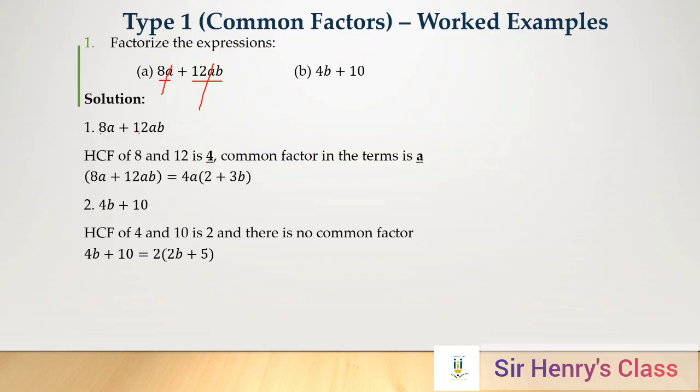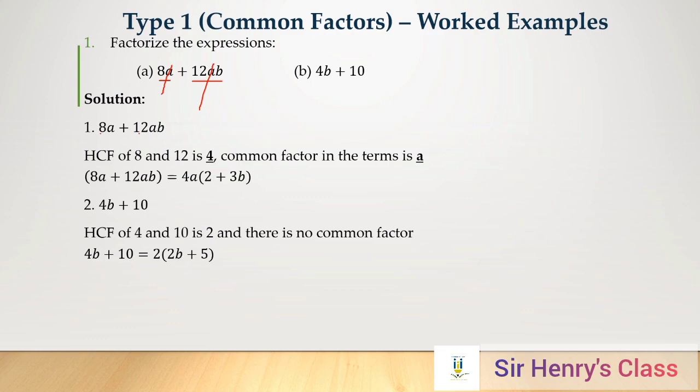So we have 4a outside the bracket. Now, what is 8 divided by 4? 2. Okay, plus 12ab. Here, what is 12 divided by 4? The answer is what? 3. And here we factorize a out. So what is left? b.